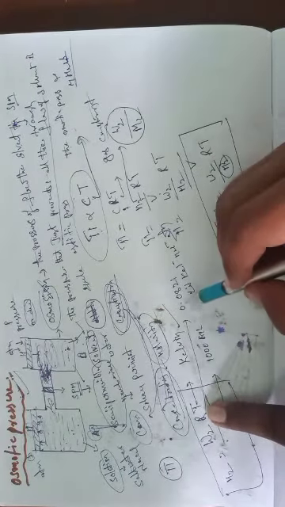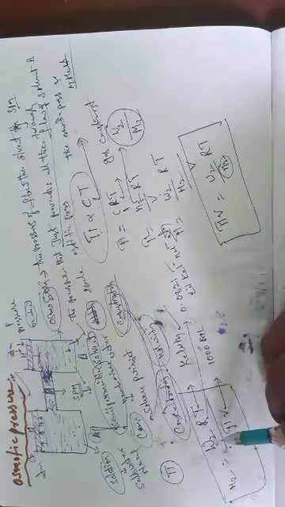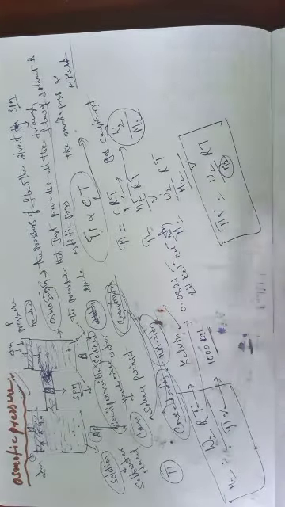The value of R is 0.0821 liter atm per Kelvin per mole. Pressure is taken in atmospheres, temperature in Kelvin, R equals 0.0821 and V in milliliters.